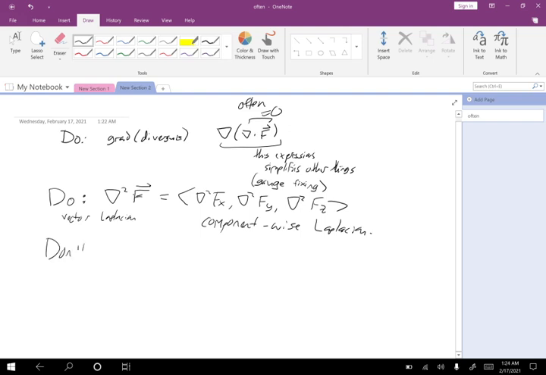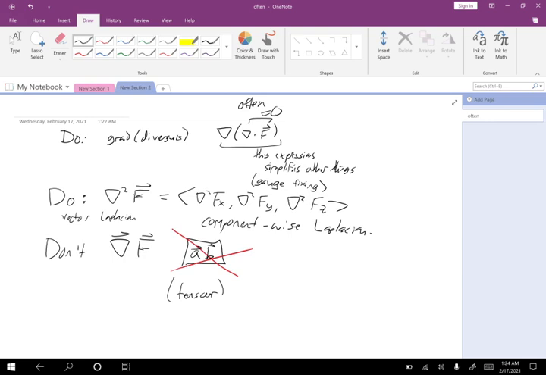But don't take the gradient of a vector field, because you'd have to answer, what does a-b mean? What is this thing? Really, it's actually a tensor, but in undergraduate courses, you are not allowed to use these things. It is against the rules. So don't do this.